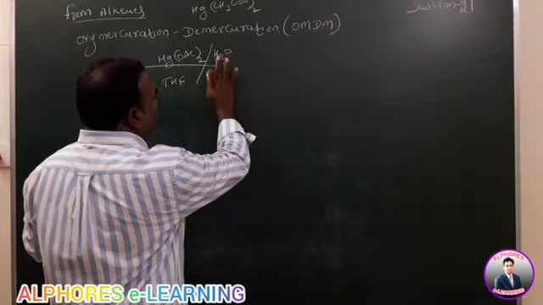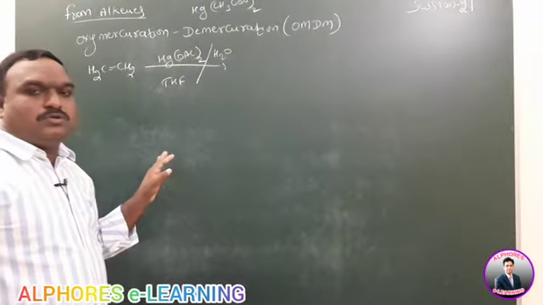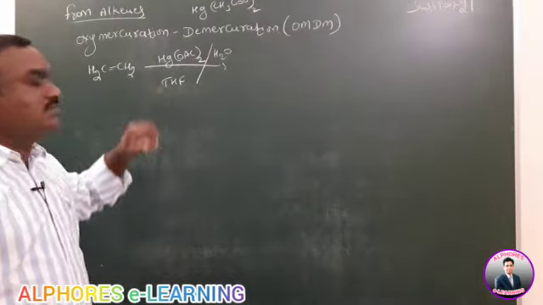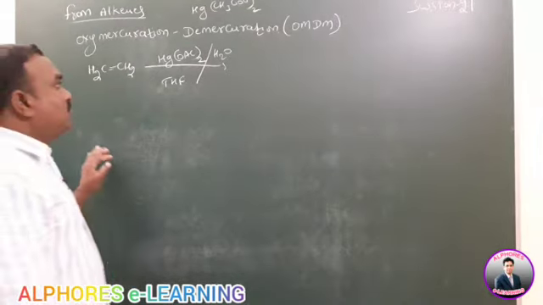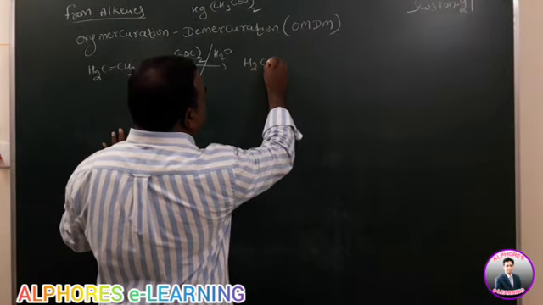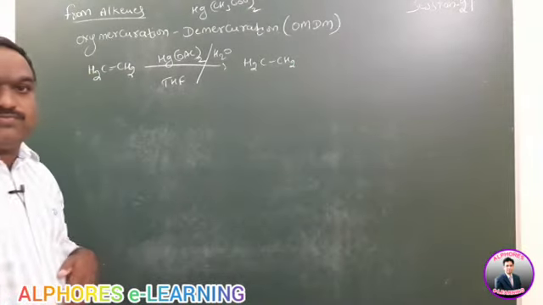Remember, the nucleophile always comes from the medium. Due to that, we can easily give the product wherever the reaction is given, H plus and OH minus. Here also it is the same thing. We have to write the product according to the Markovnikov rule.